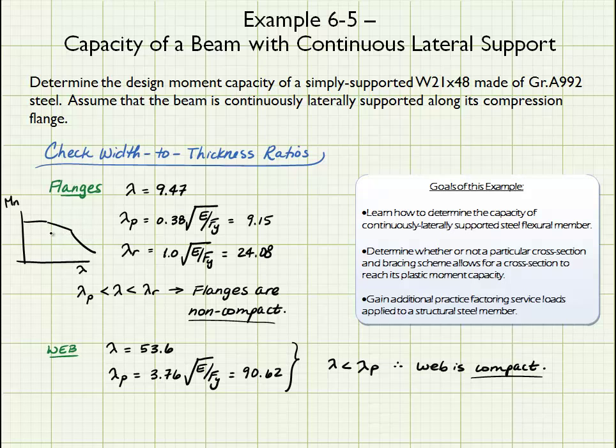It's a three-part curve, similar to the three-part curves that we've seen a number of other times. The flanges are in this region of the curve. The web is in this region where the web is not going to fail before the plastic moment. However, the flanges are susceptible to failure before the plastic moment is reached.